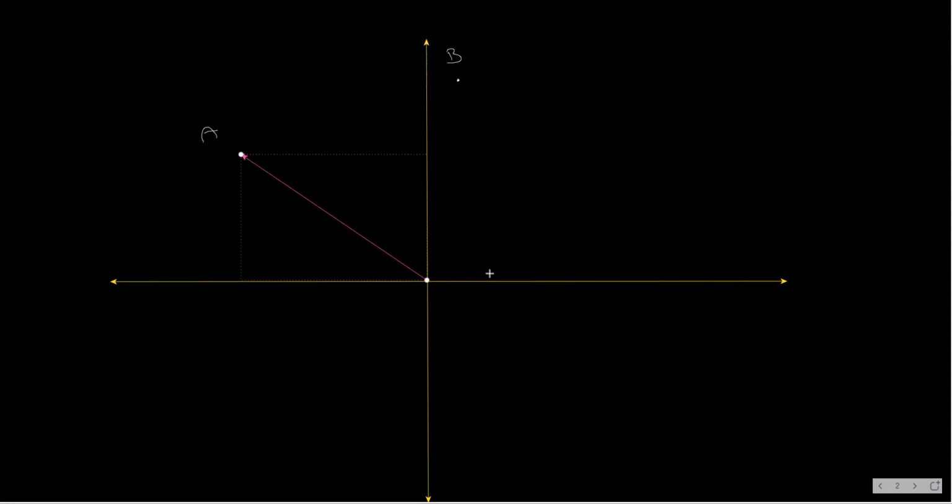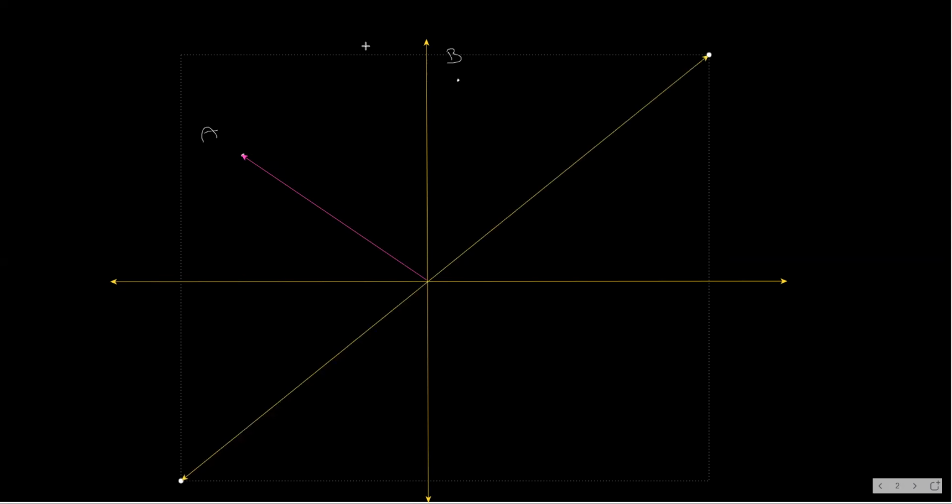Then you found B bar, and needless to say this is a 3D system. You have found B bar like this. And also you have found C bar.